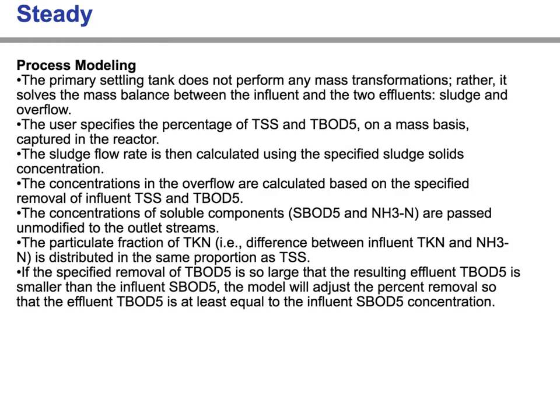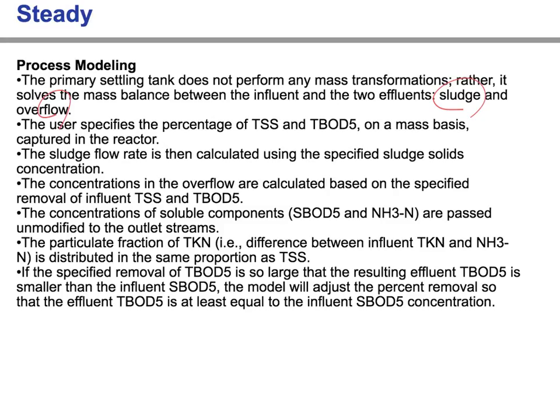In terms of the process modeling, the primary settling tank does not perform any mass transformation. Instead, it solves the mass balance between the influent and the two effluents, the sludge stream and overflow. So the user specifies the percentage of TSS and TBOD5 on a mass basis captured in the reactor.